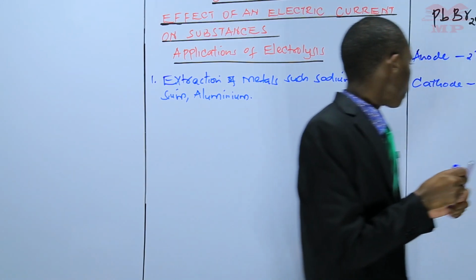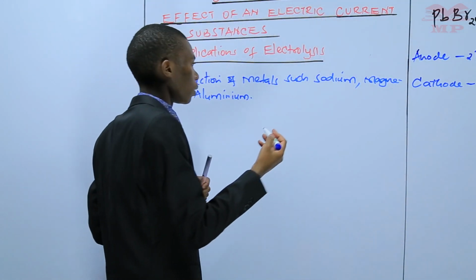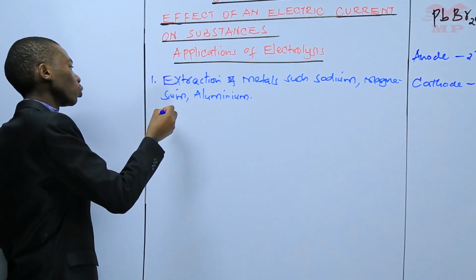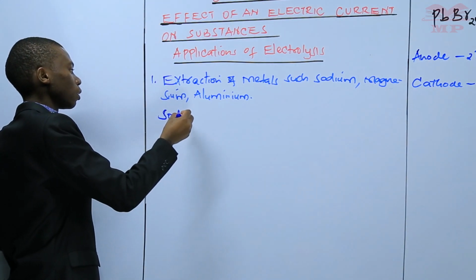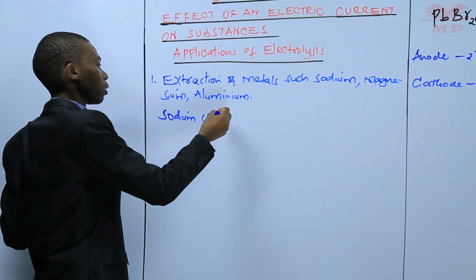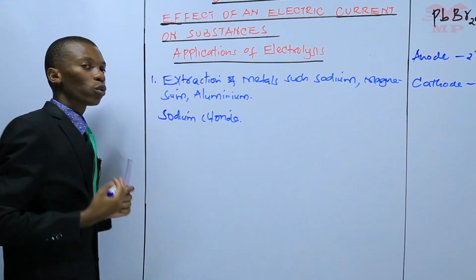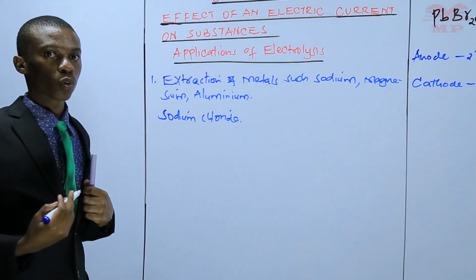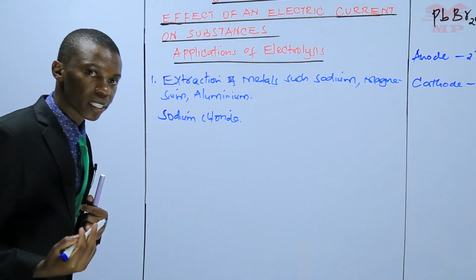For example, sodium, you get sodium from sodium chloride. Then for you now to be able to extract this sodium from sodium chloride, you need the electrolysis process.